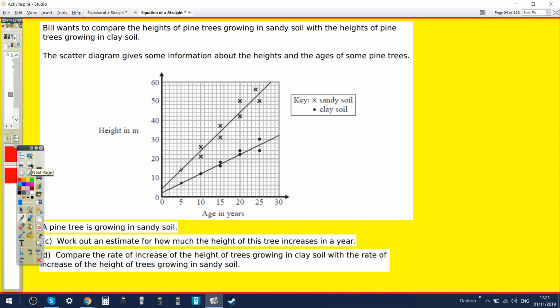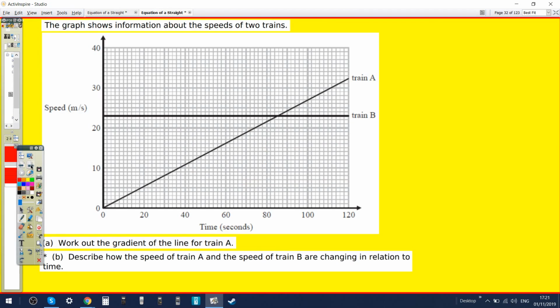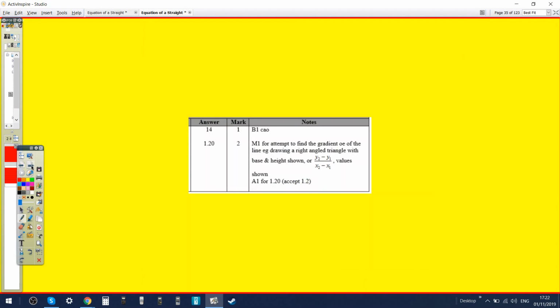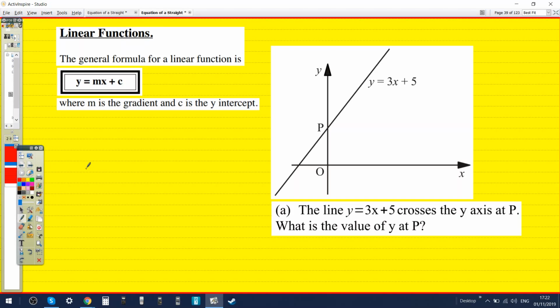Okay. Find a gradient. Yes, how about this one? So the value of p would be -5.